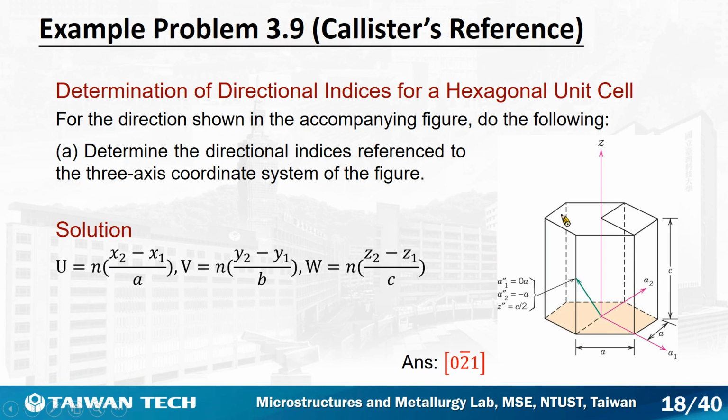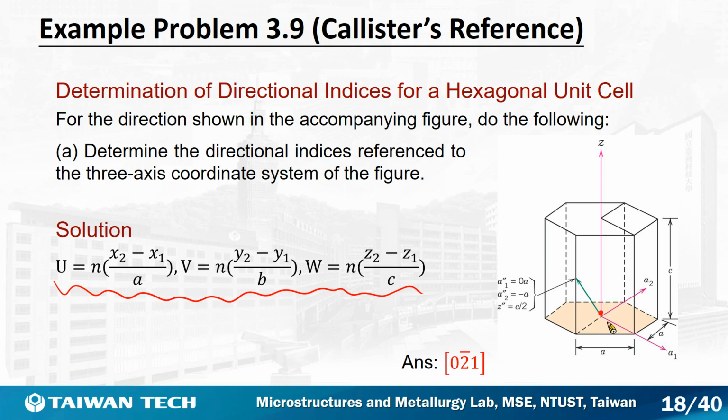Let's see some example. Okay, so we have a direction here. Determine the directional indices for 3-axis coordinate systems. So 3 axes. I think you can use these equations as we know, because we need to do subtraction from tail to head.